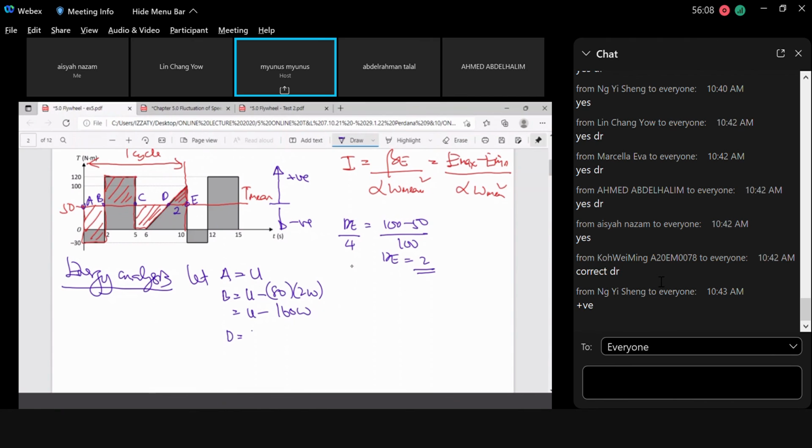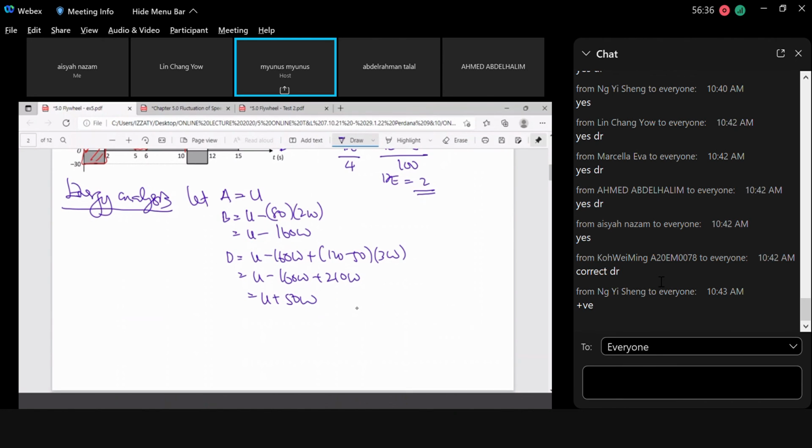So you have U minus 160 omega, then you plus the top here is 120, this one 50, so 120 minus 50 multiplied by this one 3 omega. So you will have U minus 160 omega. This one is 70, but it is plus 210 omega. This will bring you U minus 210 by 160 is 50 omega, isn't it?